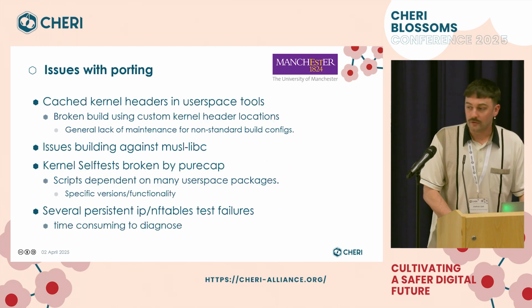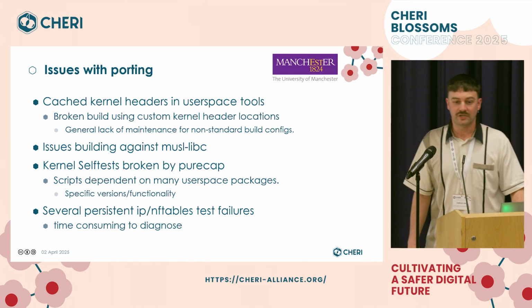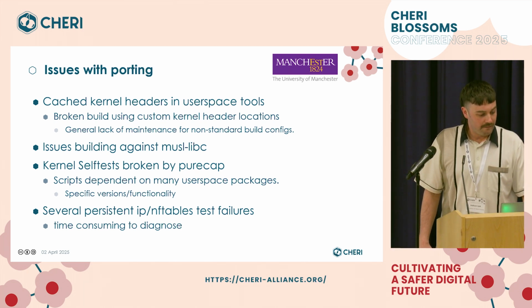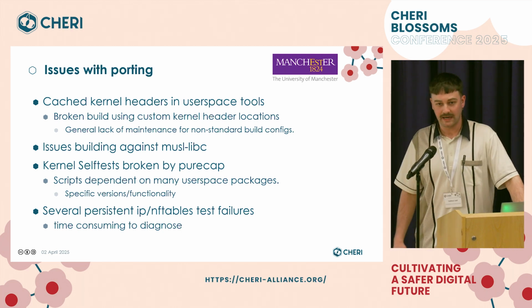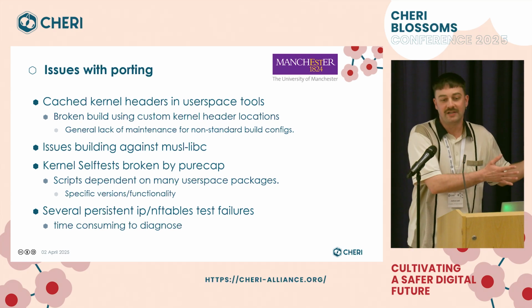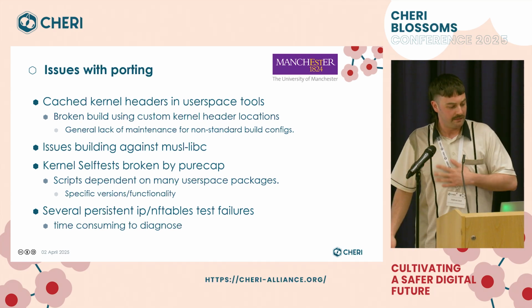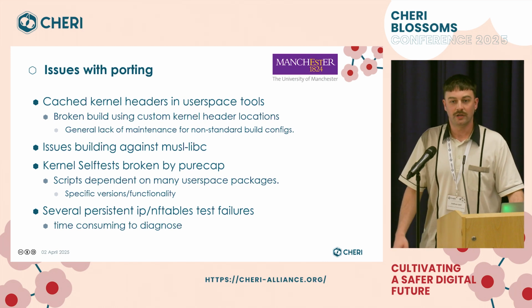There were some other issues with doing the port that we saw from the user space tools. They contain cached versions of the kernel headers inside the user space packages. So when we made the modifications and tried to build against them, we found that the build was broken when you try to build against custom kernel header locations.